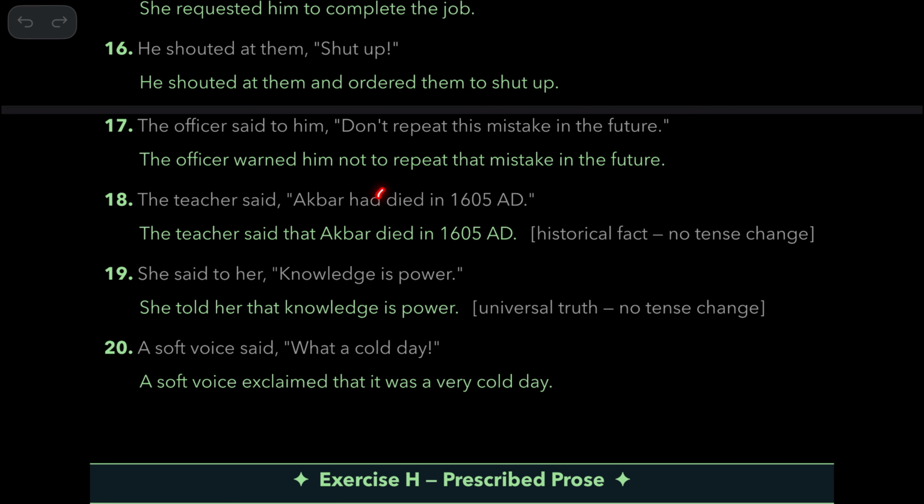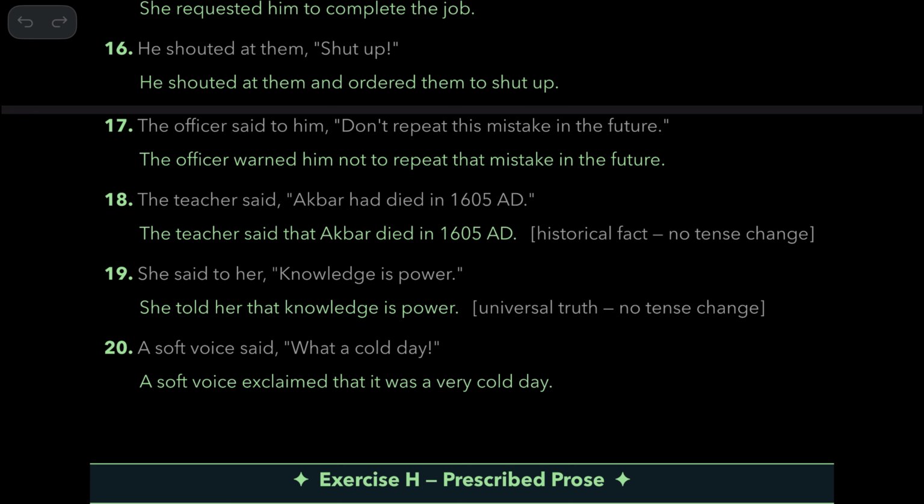You simply say died, and here you say the teacher said that Akbar died in 1605, because when you report a historical fact, generally you don't change any tense. Okay, but then I think in your board examination, it's better to say had died. That should be better. So ignore this.